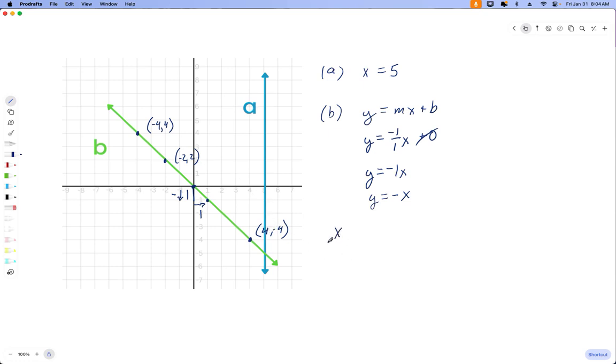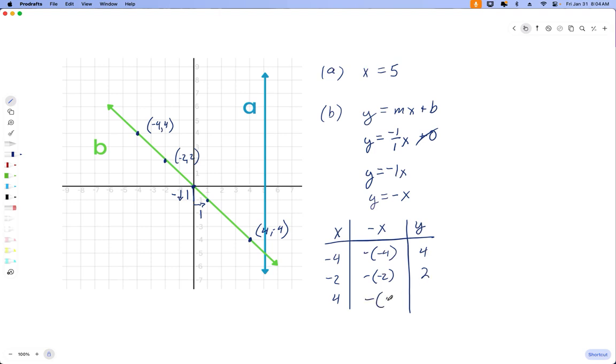So I'm just going to do the table that we used to do in pre-algebra. x, and y is equal to negative x, whatever we put in for x. So negative 4, negative 2, positive 4. So negative 4 is a positive 4. Negative 2 is a positive 2.